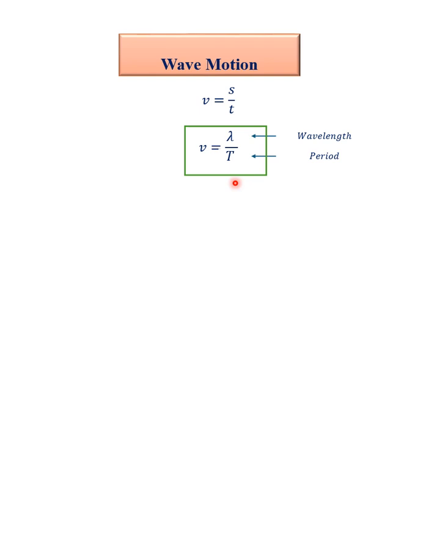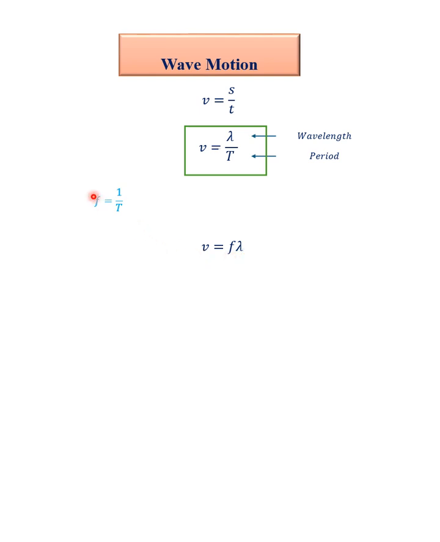Another thing we need to take note of is frequency of the wave. Previously, we said that the frequency of a wave is given as the inverse of the period. Simply put, it is 1 over the period. If you look at this expression, we have the inverse of the period here. So if we replace the inverse of the period here with frequency, we have another formula that says speed equals f lambda.